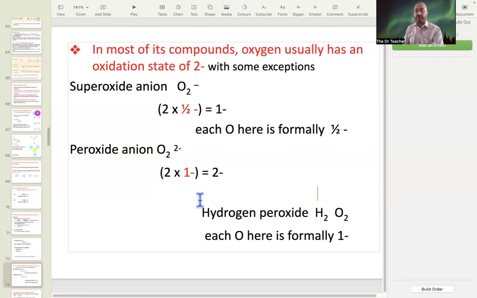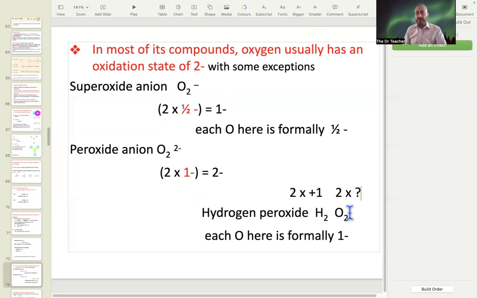Now this side, 2 hydrogens times +1, that's to the left. And to the right, I have 2 oxygens times, I don't know. So the unknown is the oxidation state of each oxygen.